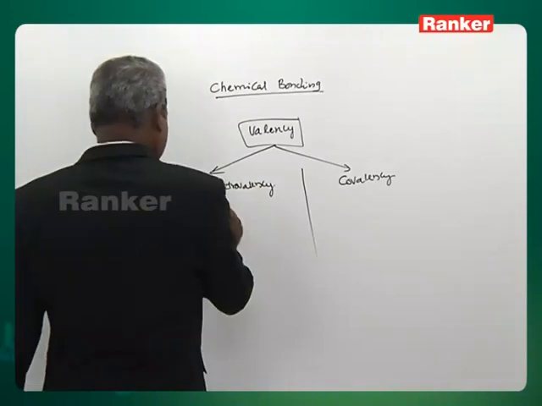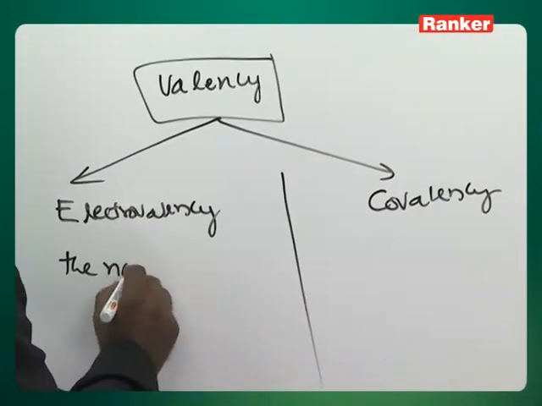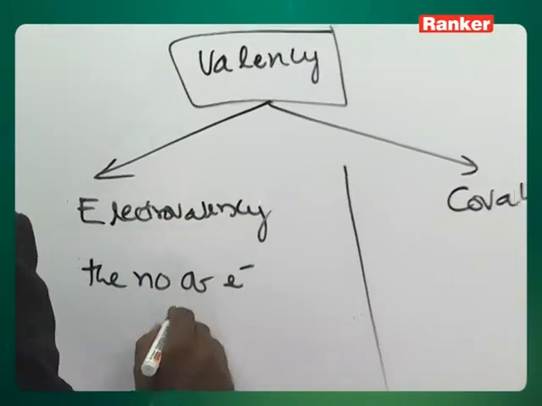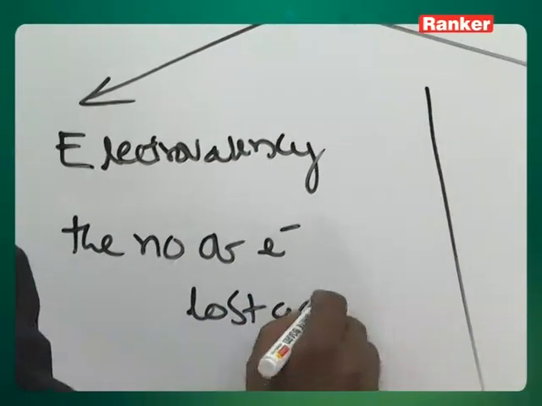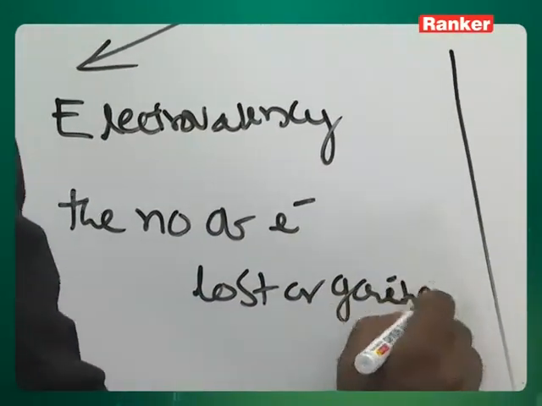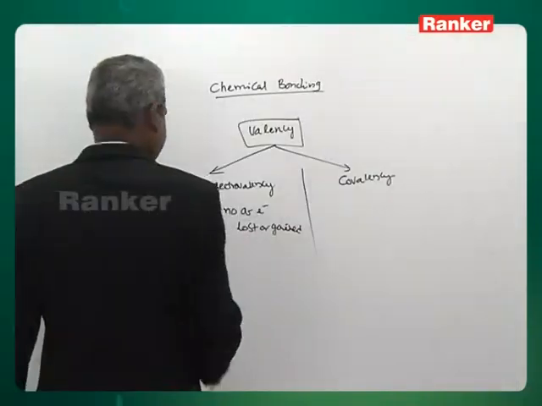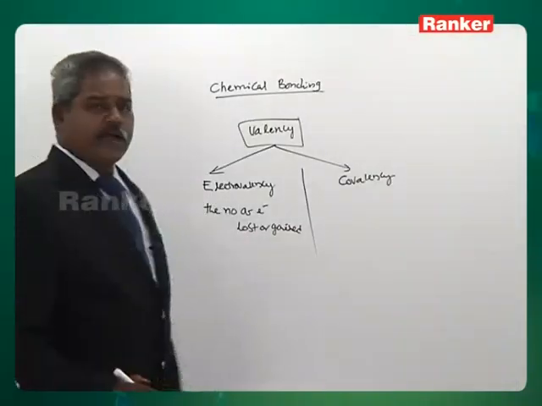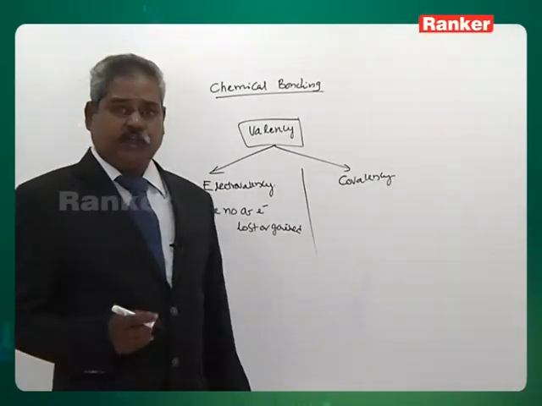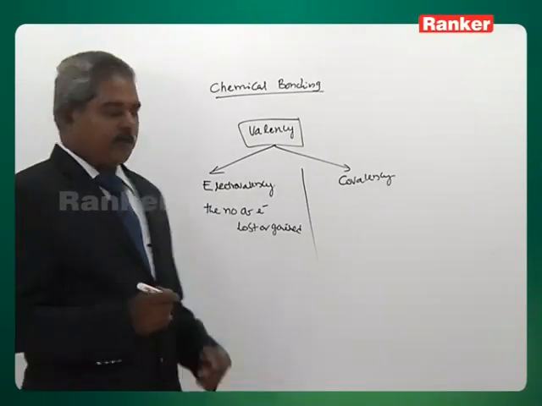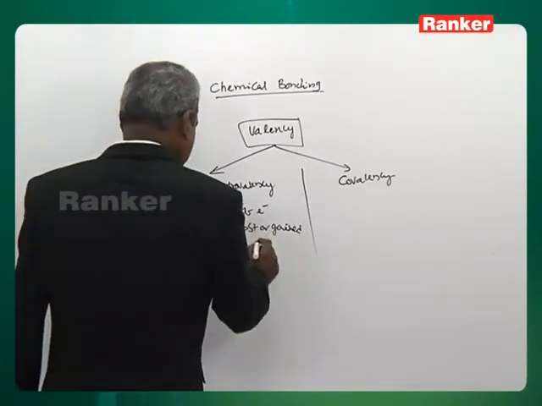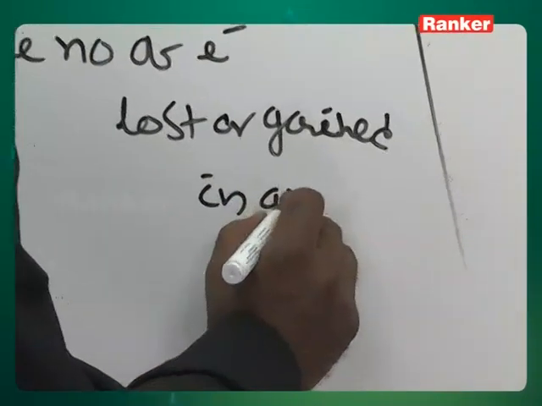What is electrovalency? The number of electrons lost or gained by an atom, of course, in an ionic bond.